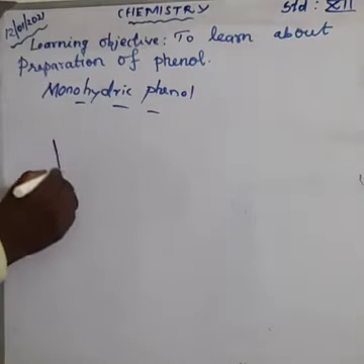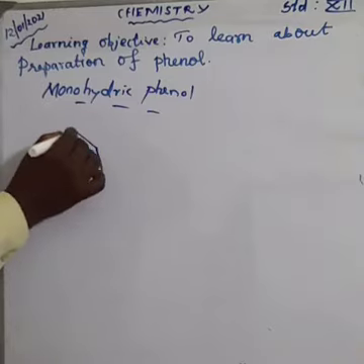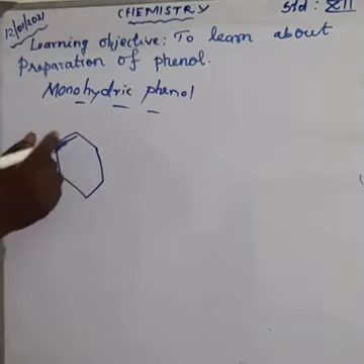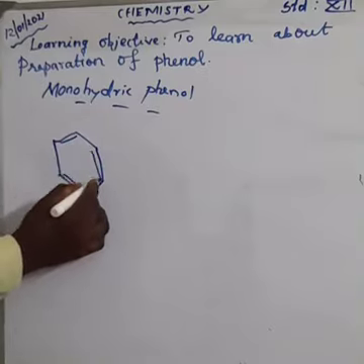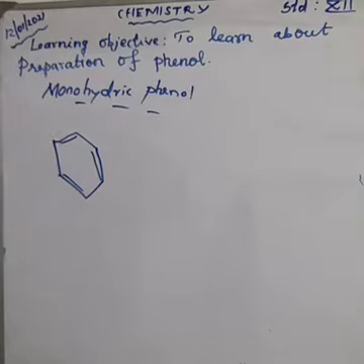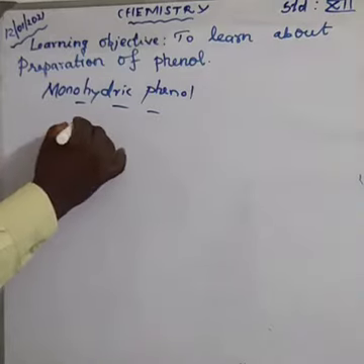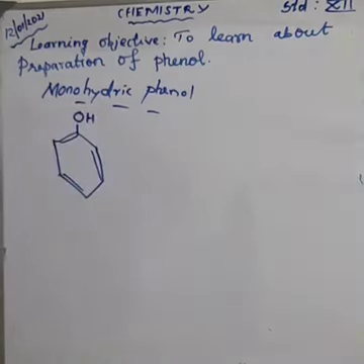This is one benzene ring, with alternating double and single bonds: double bond, single bond, double bond, single bond, double bond, single bond. This is the benzene ring. One OH group is directly attached to the benzene ring. This is called phenol.